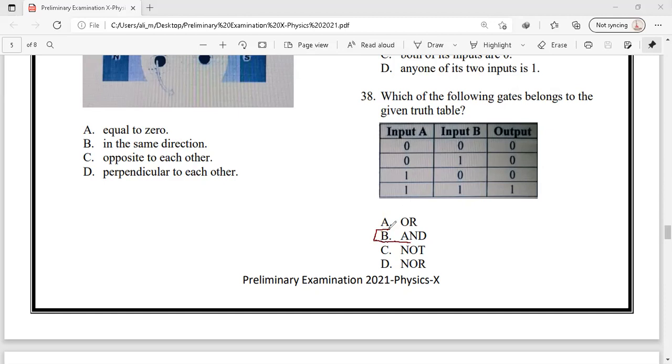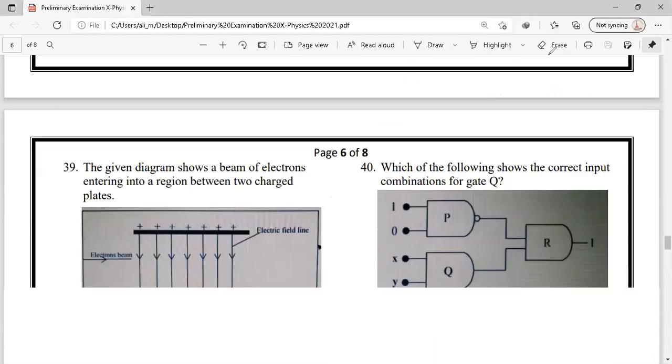An AND gate performs such that for the output to be equal to 1, all of the inputs should be equal to 1. Otherwise, its output is always 0. Then we have question number 39.